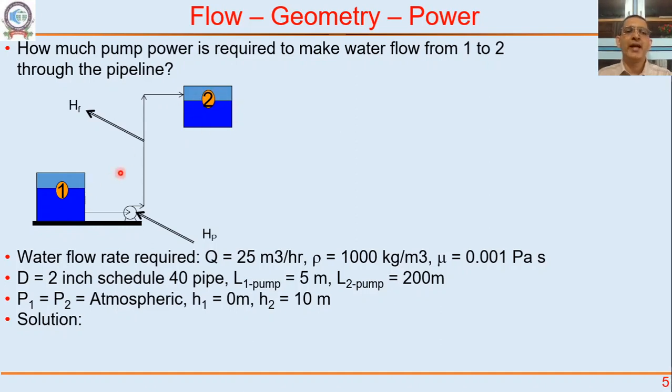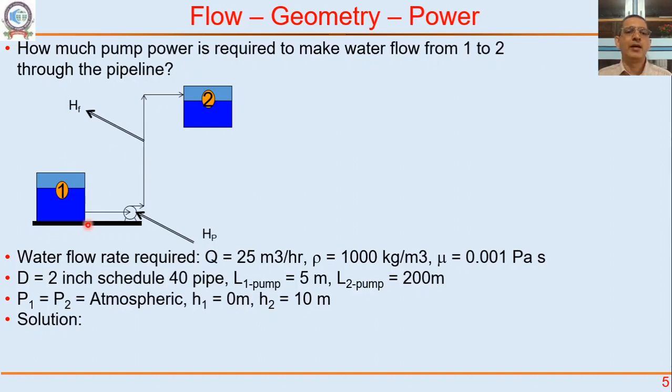This could be tanks, reactors, or distillation columns, different equipment in the plant. We are just using water for simplicity. So the question to be answered is how much pump power is required to make water flow from 1 to 2 through the pipeline.